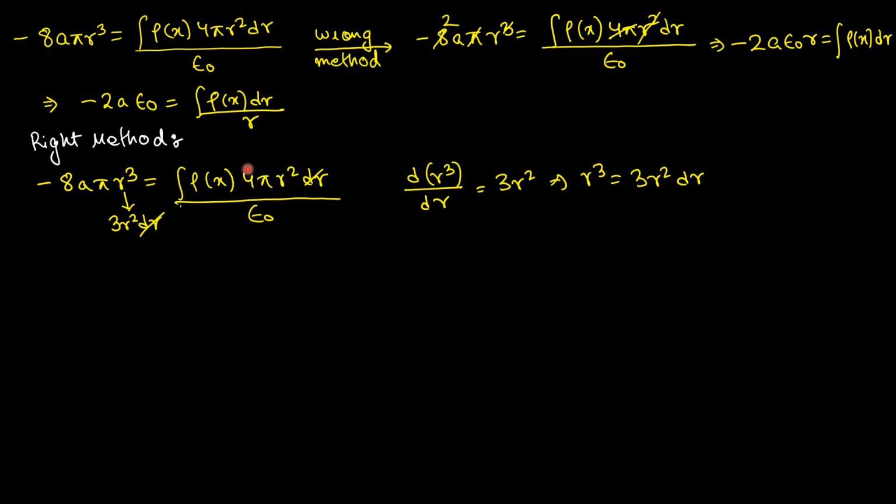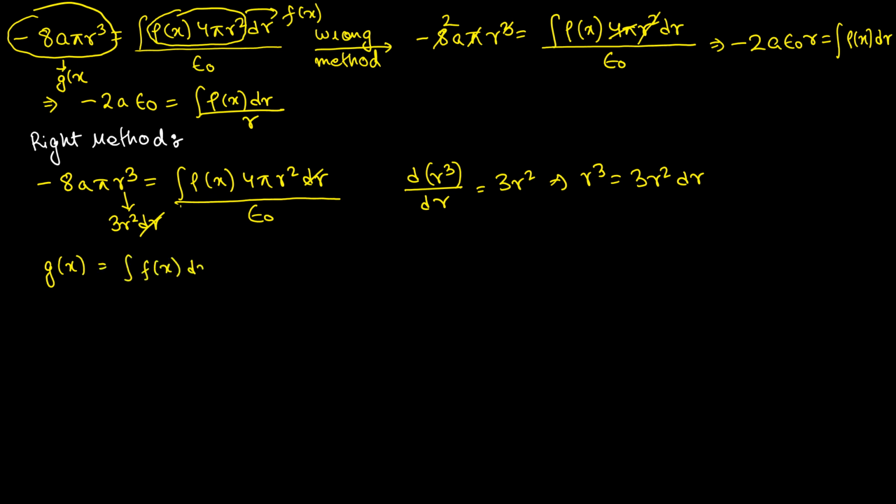Okay, see, I explained it in a very simplified way. What I'm actually doing out here is, when I have this function, let this function be gx, and let this function be fx. Now if I simplify the method, gx equals integral of fx dx, by epsilon naught. You can shift around the epsilon naught as per your convenience.